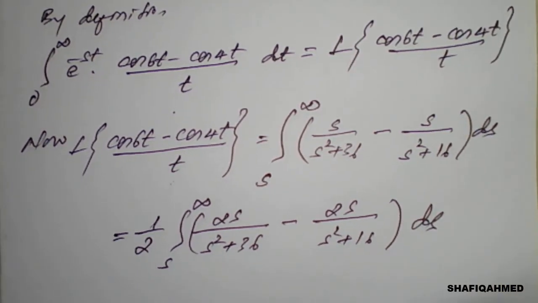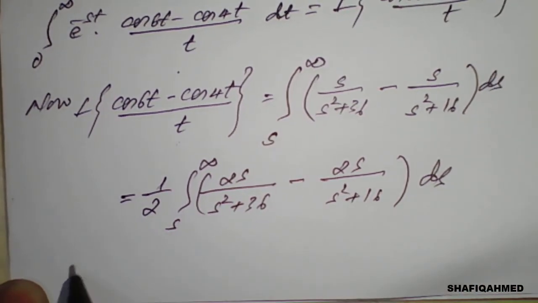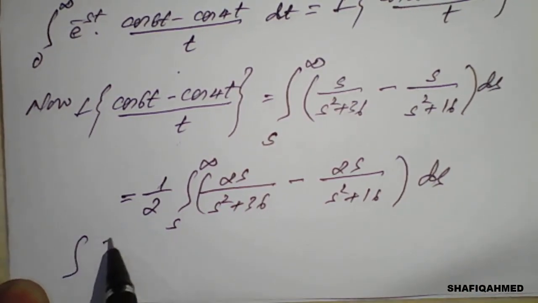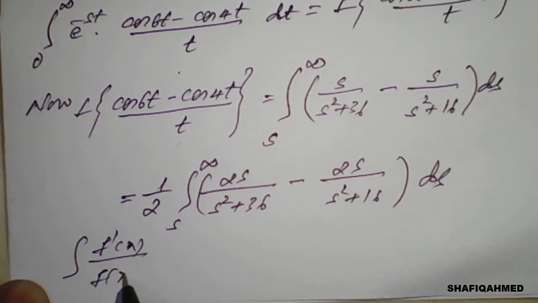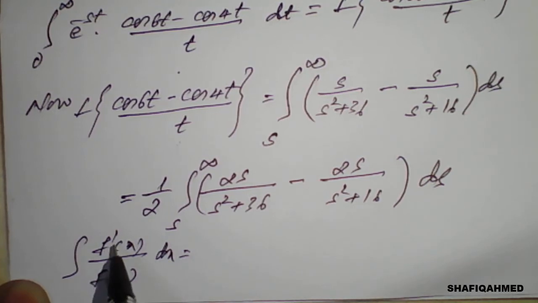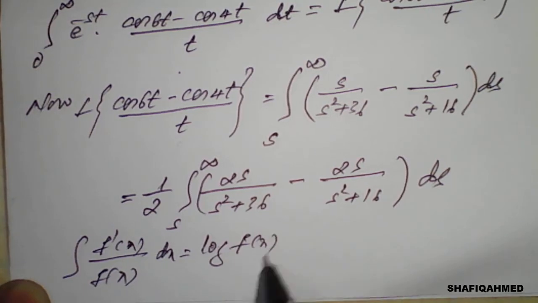We know the property already. I will repeat it: the integration of f dash of x divided by f of x dx, if the differentiation of the denominator is in the numerator, we can write it as log of f of x.